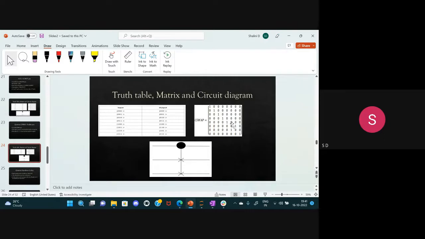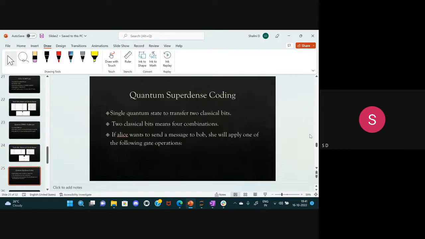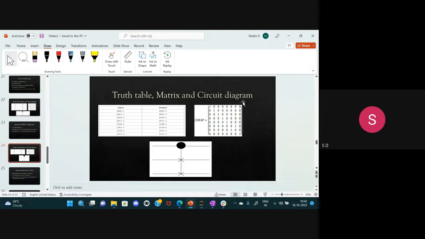Which columns? Counting 1, 2, 3, 4, 5, 6, for the sixth and seventh columns only you will have interchanging of the qubits. For all the remaining columns, everything is the same. This is also self-explanatory, very easy, so no need to worry about this matrix. We have solved a lot of matrices.